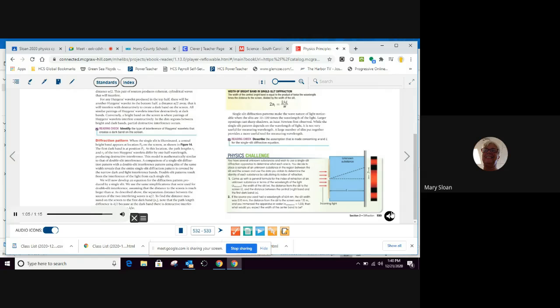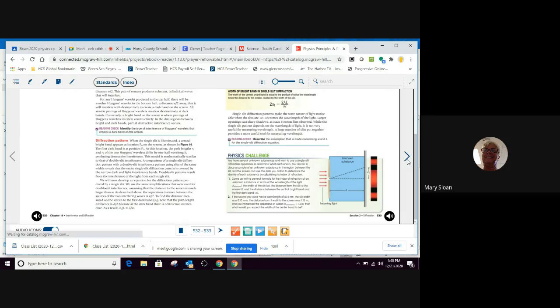The width of the bright band in single slit diffraction is... All right, next page.